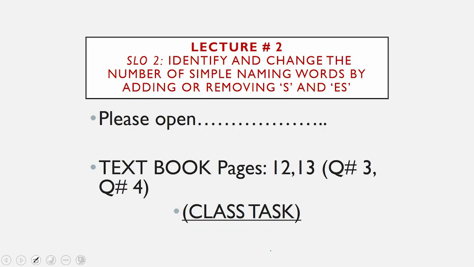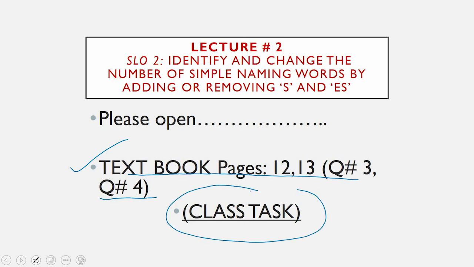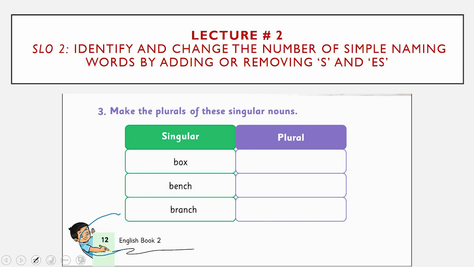Our lesson will start from textbook pages 12 and 13, question number 3 and question number 4, and this is our class task. So kindly open your book on page number 12 and 13. As you can see in front of you, the part of page number 12 which we are going to attempt in the class is in front of you.